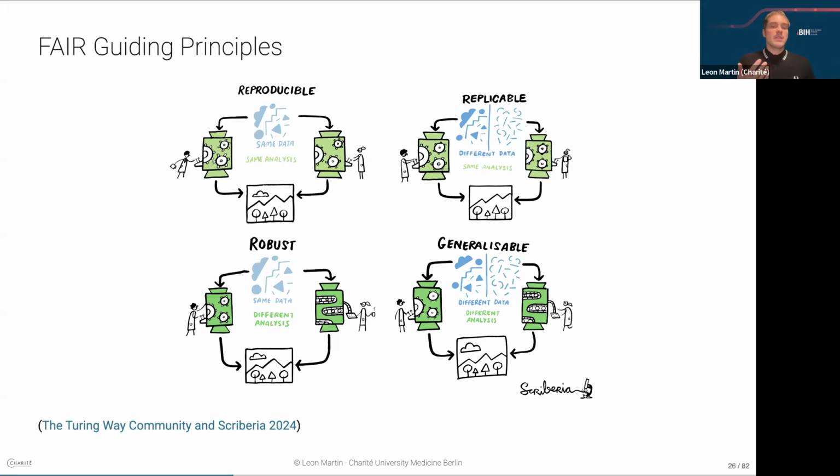And with the same data, we hope to find similar phenomena, right? So this is then also a robust result. And we also want to generalize. So we have a different disease, for example, and a different analysis. And we can also use the framework of brain network models to model different disease pathologies, for example.